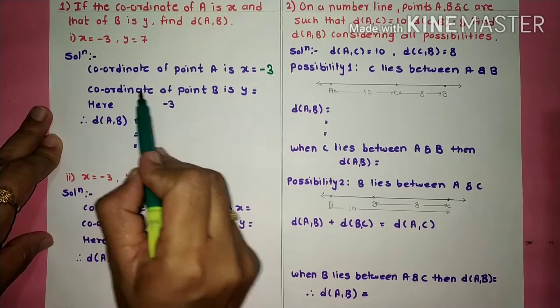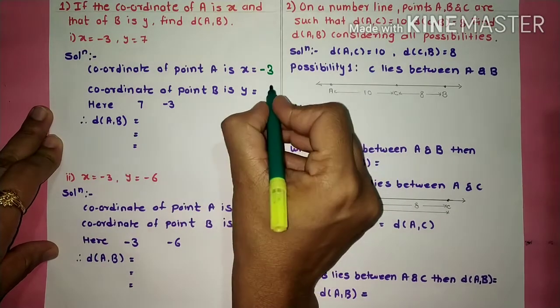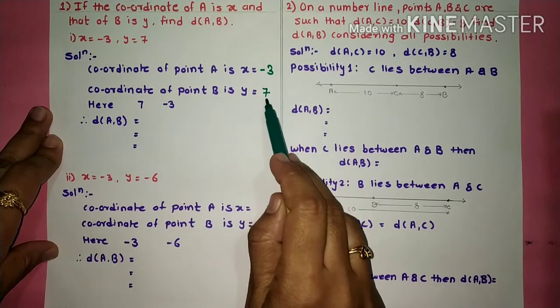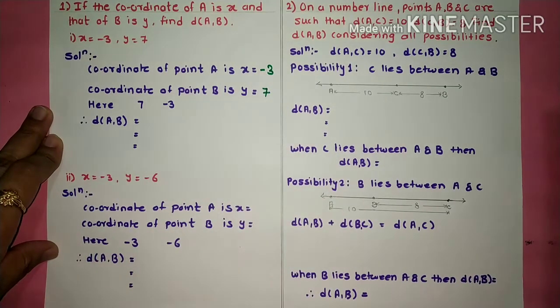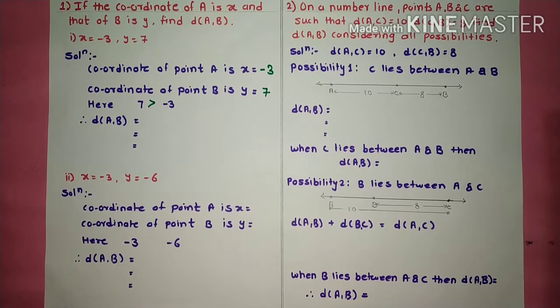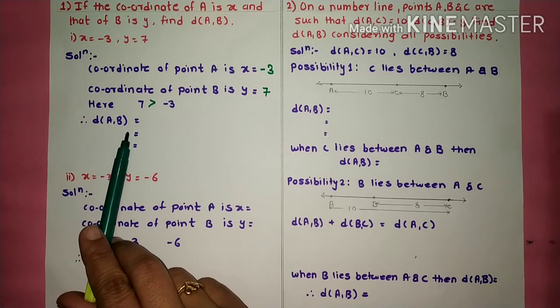Therefore, the coordinate of point B is y equals 7. Here 7 is greater than -3. Now we have to find the distance AB.